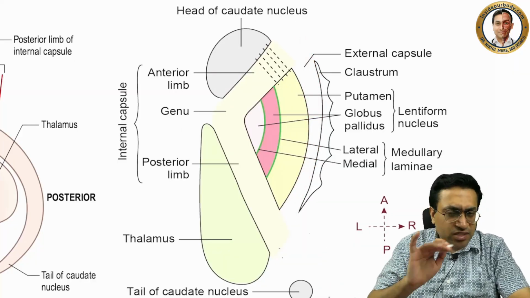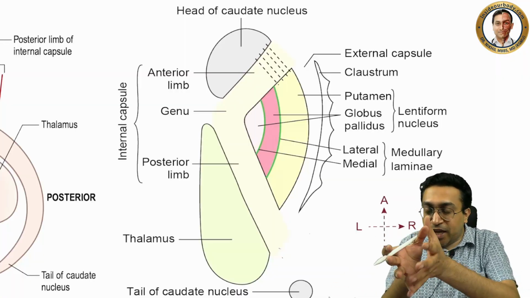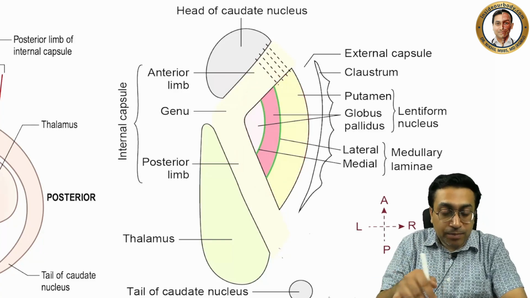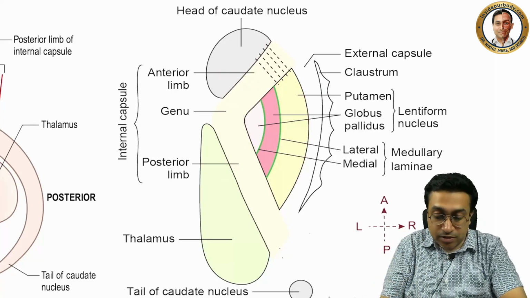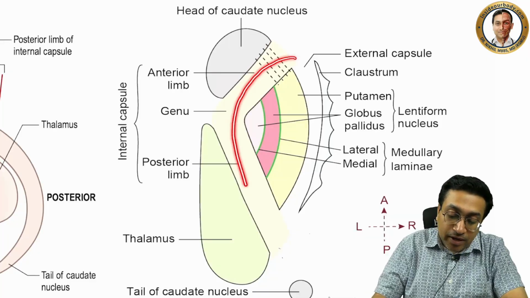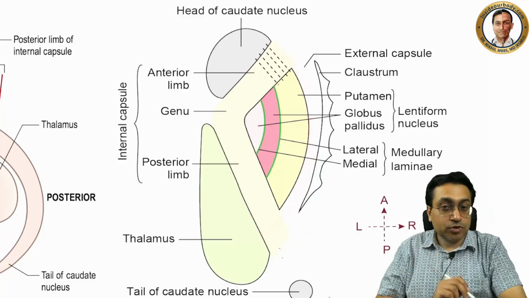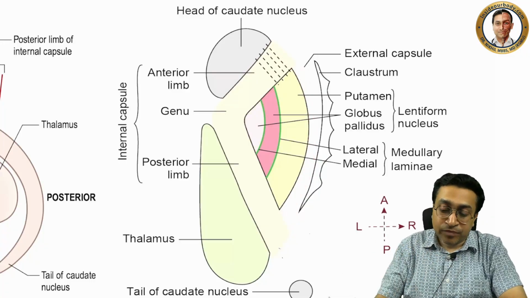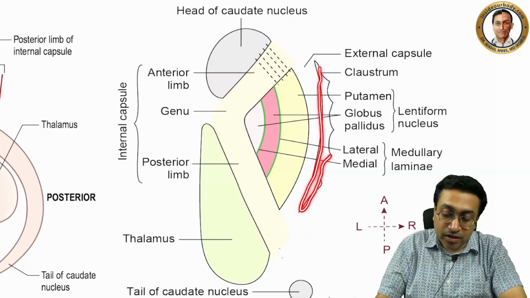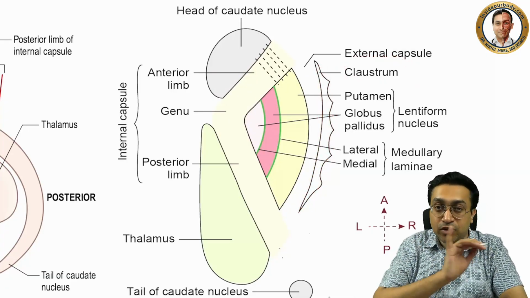Just remember, very easy thing, the lentiform nucleus, a subcortical mass of gray matter, is enveloped internally by the internal capsule and externally by the external capsule, very easy to remember. Then move more laterally, you will find this piece of gray matter here which is known as the claustrum, again one of the components of the basal nuclei which we discussed, right.